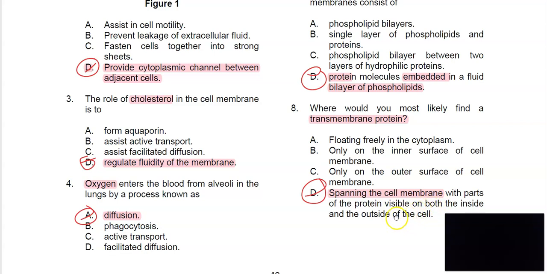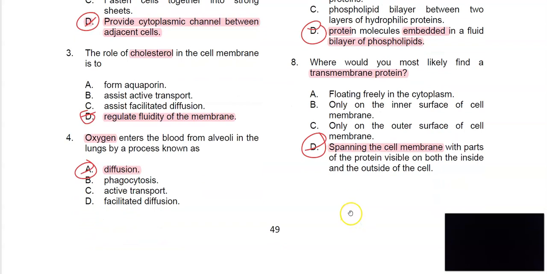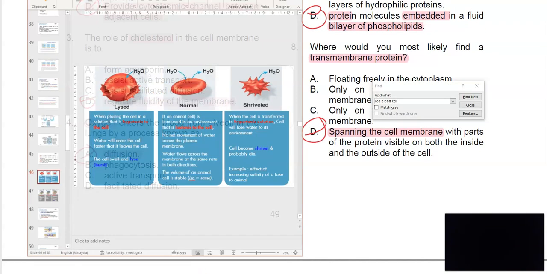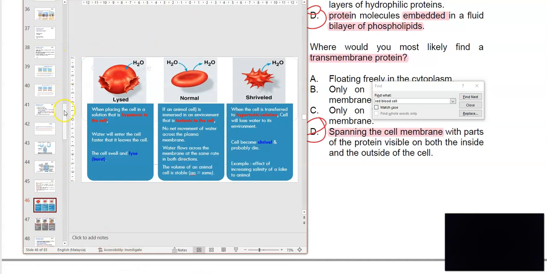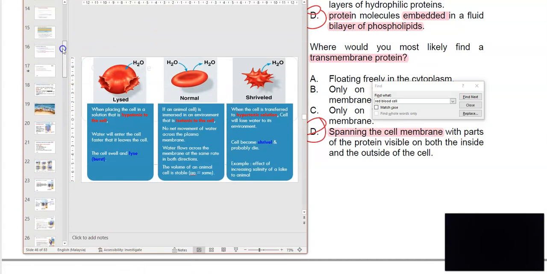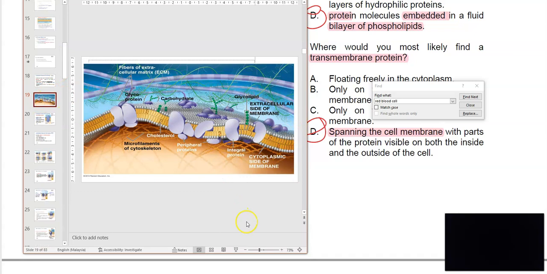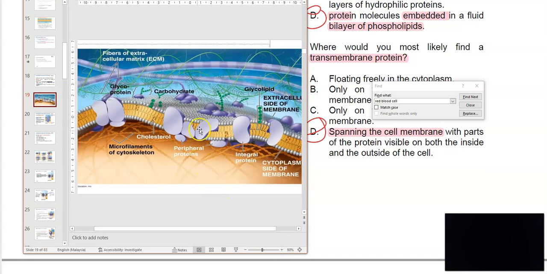When the protein is embedded, some part of the protein will protrude to the inside of the cell, meaning facing the cytoplasm, and to the outside, facing the extracellular fluid. As you can see in this diagram of the structure of the membrane, this is an integral protein or transmembrane protein.